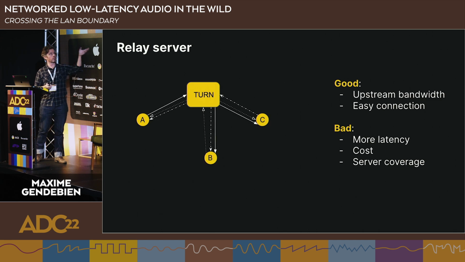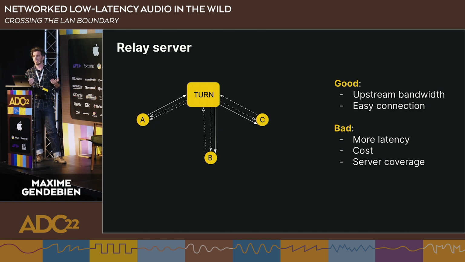TURN, or a relaying server in general, is a good fallback. The bandwidth requirement will be lower, obviously, because this time each agent needs to upload their audio only once to the server, which will then forward it to the other agents. Connecting is easier because it's a server on the internet with a public IP.